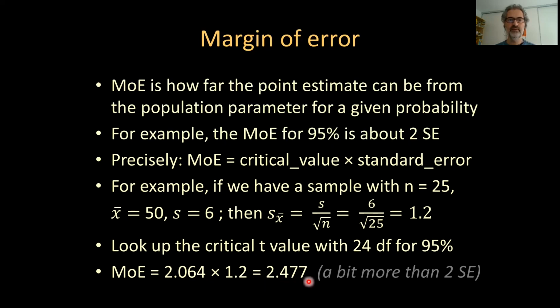The margin of error, which is how far off the point estimate will be from the population parameter within a given proportion of samples, that is, for a given probability. So in 95% of samples, the margin of error tells us how far from the population parameter our sample mean will be 95% of the time. And we're going to round this up to 2.5.